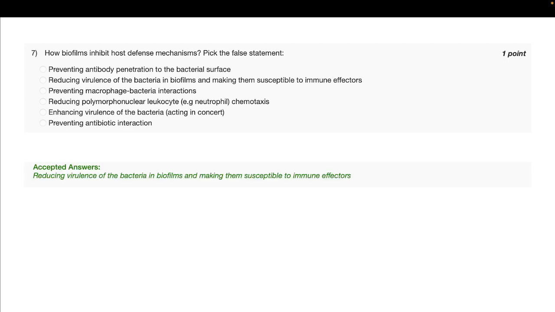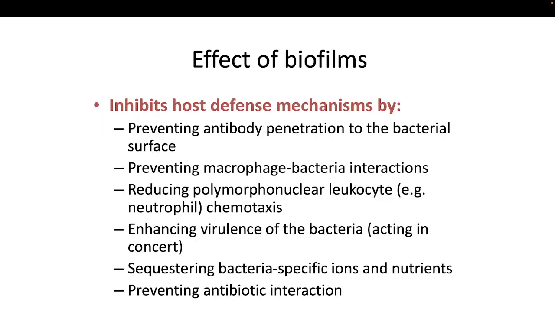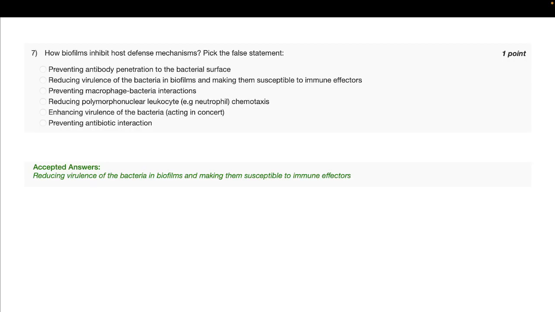So yeah, all of you were correct. The right answer is reducing virulence of bacteria and biofilms and making them susceptible to immune effectors, which is actually incorrect, because biofilms might make the bacteria more virulent and they do not make them susceptible to immune effectors at all. So this is the false statement amongst the listed options here.